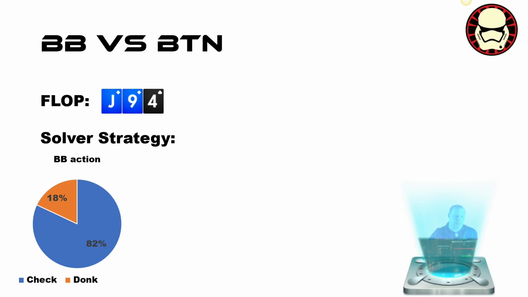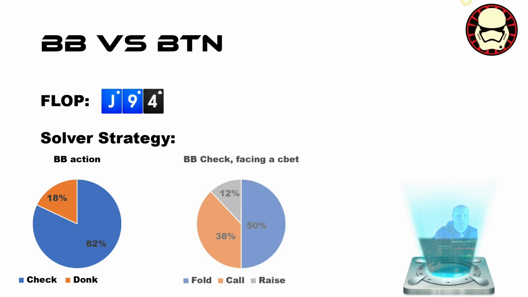If you want, let's say you want to check-raise 18% of hands on this flop, it means there's a lot of value hands and a lot of combo draws. 18% is a lot of hands. But when the big blind checks, so it's one of those 82% of hands, and then the button c-bets, then the big blind is going to raise 12% of hands.